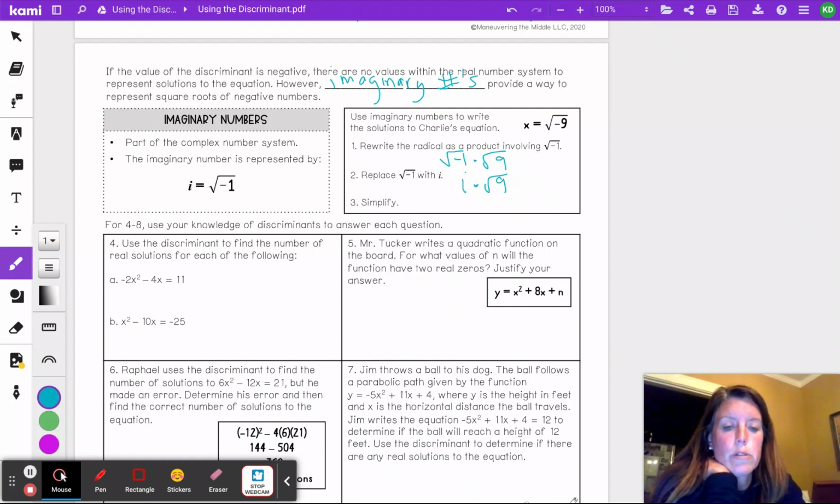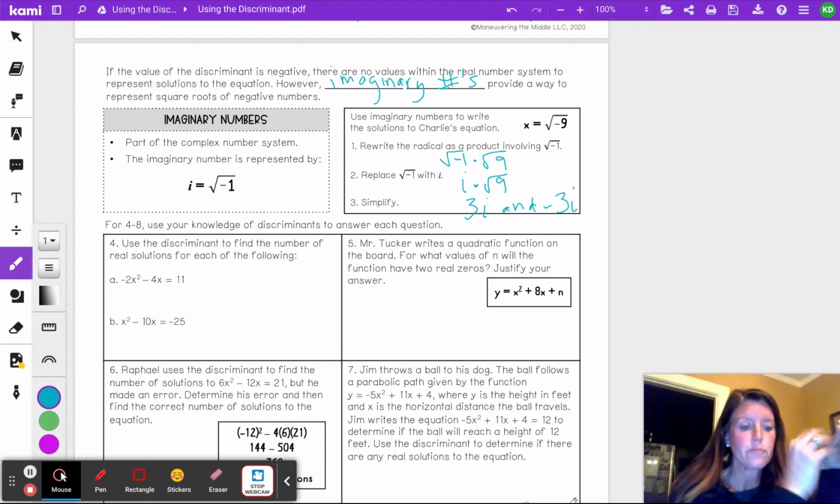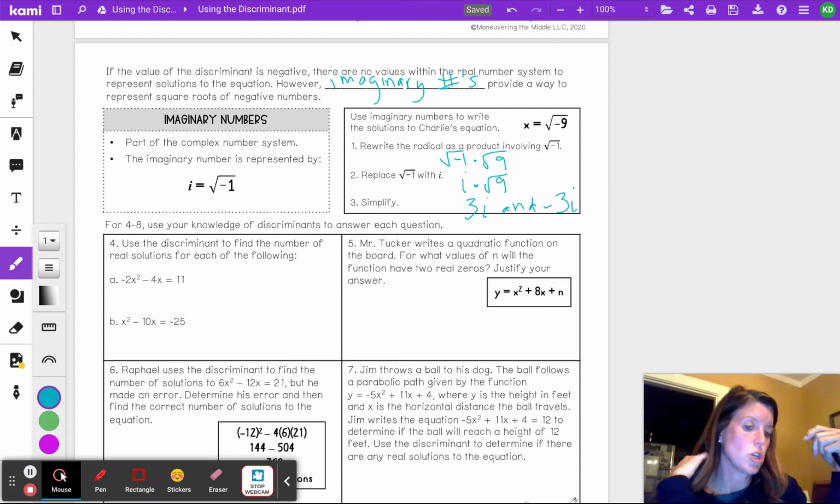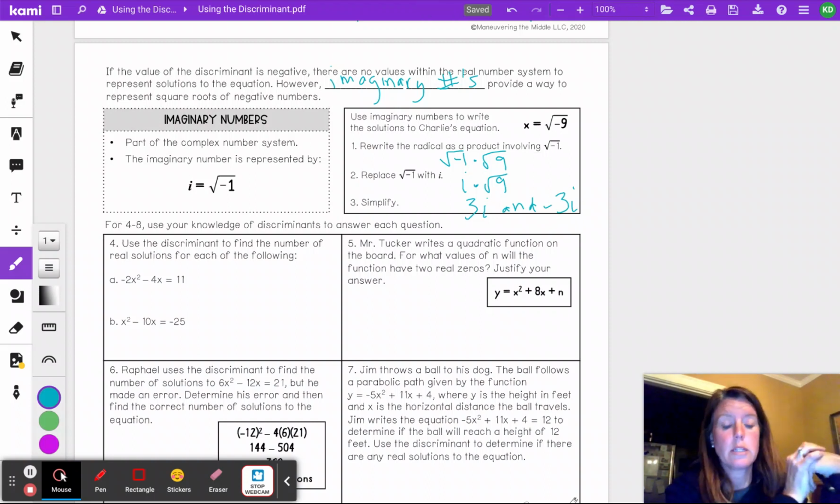And then square root of 9 has 2 possible solutions because square root of 9 could either be -3 times -3 or +3 times +3. So this could be positive 3i and -3i. Okay, so this shows to the world that you have a square root of a negative number, which is not great.